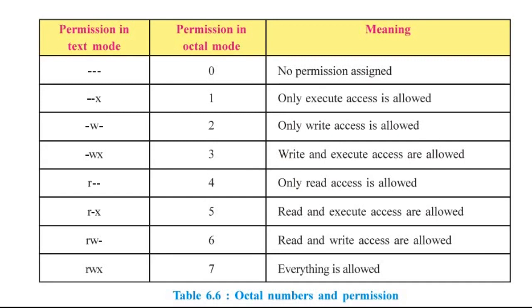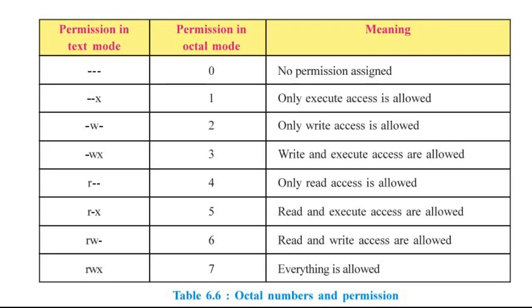The first column contains the permission text code, then the octal mode and its meaning. The first one is hyphen hyphen hyphen. It means 0. No permission is assigned, neither to open nor to do anything else. Hyphen hyphen x means in octal it is represented by 1.